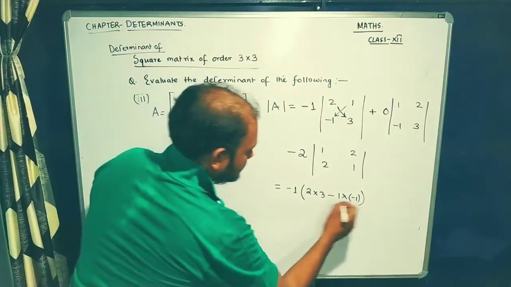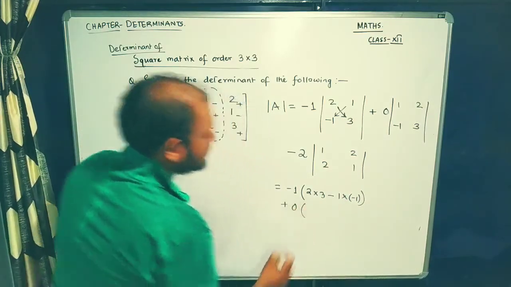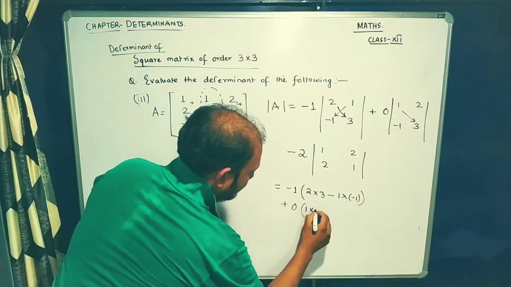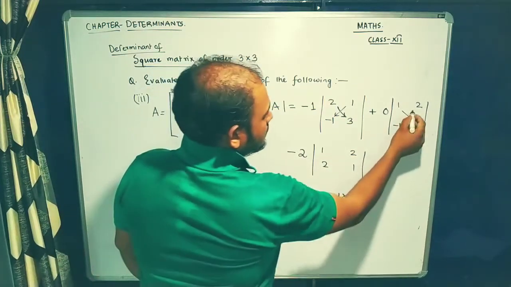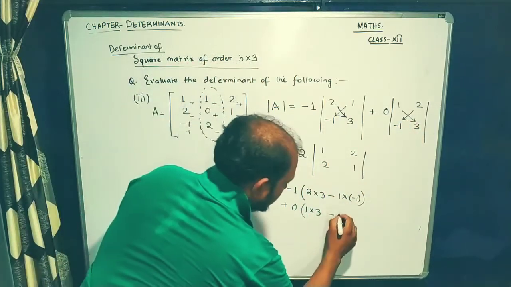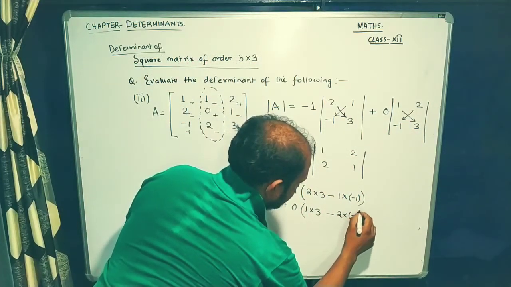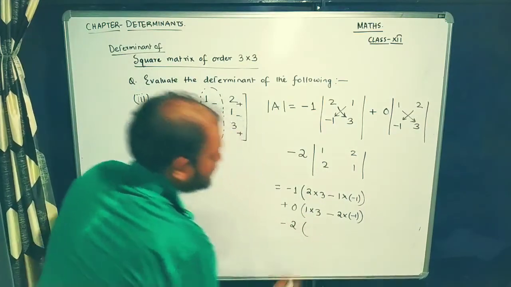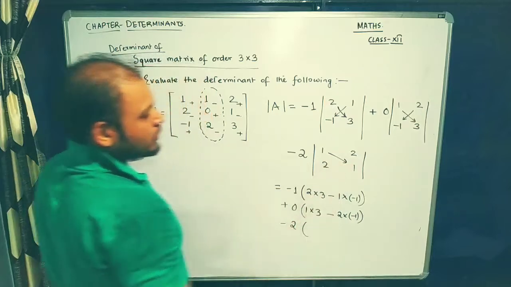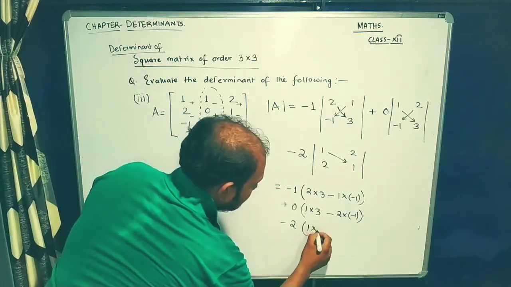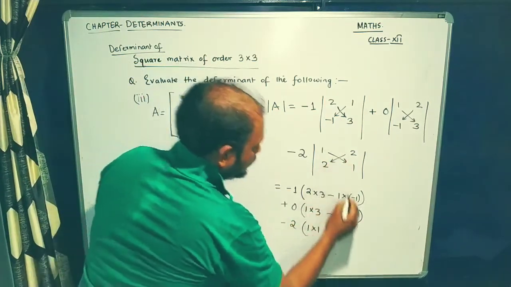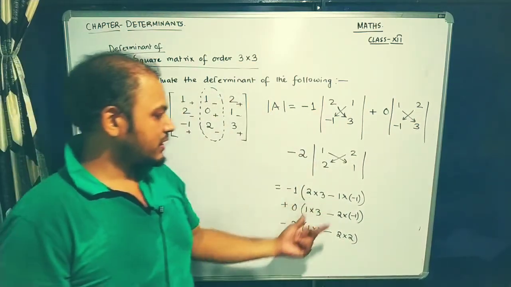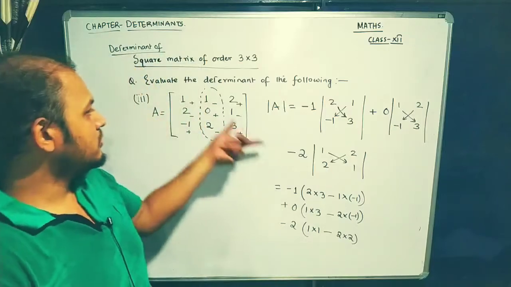Then plus 0 into 1 into 3 minus 2 into minus 1. Then minus 2 into 1 into 1 minus 2 into 2. So you can simplify it and find a number, and that number will be your determinant.